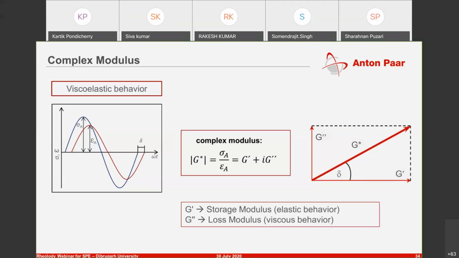So if you're thinking about a purely elastic material, delta would fall to 0, and then your G star would fall on the x-axis, and that would be entirely G prime. The other way around, if you go for a perfectly or ideally viscous material, this would be 90 degrees, and your G prime will be 0, and G double prime will be equal to G star. So this is the simplest way of thinking about the storage and loss modulus.